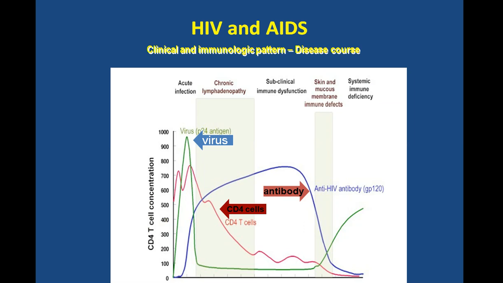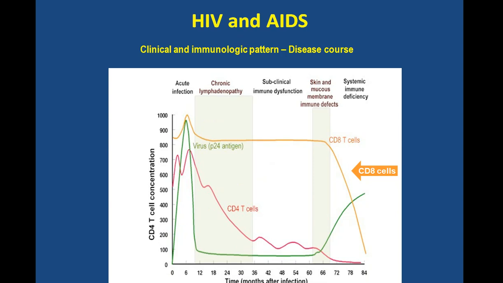At last, T cell concentration continues to reduce, and there is an attempt to increase the level of HIV antibodies, but then the activity of the immune system weakens, with a reduction of the quantity of these antibodies.